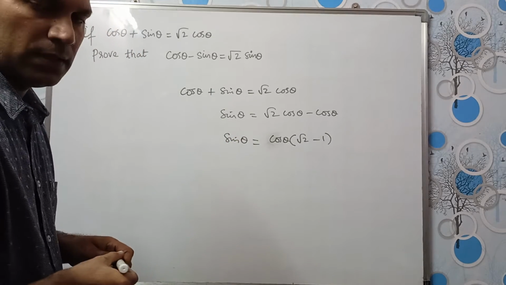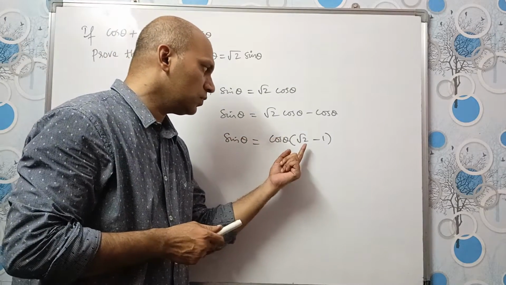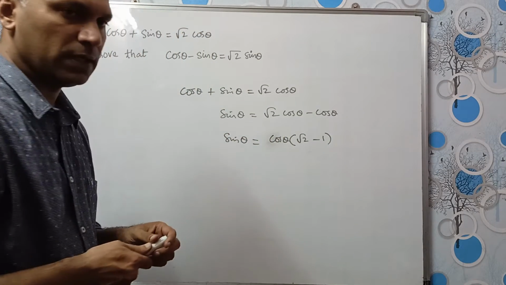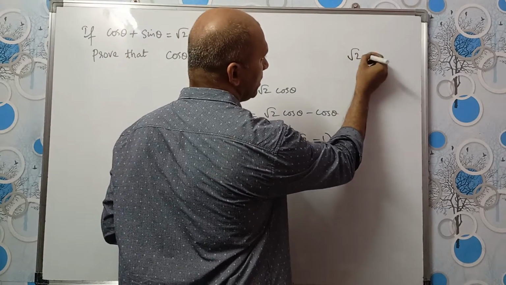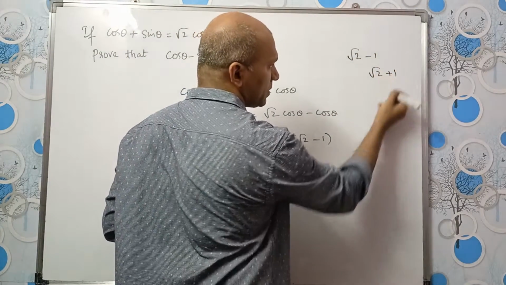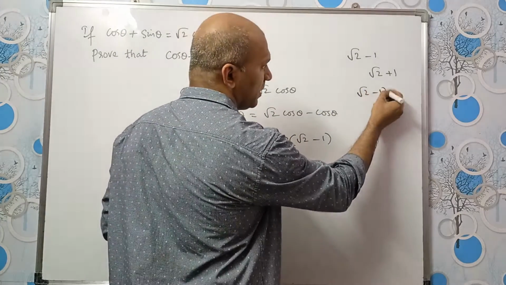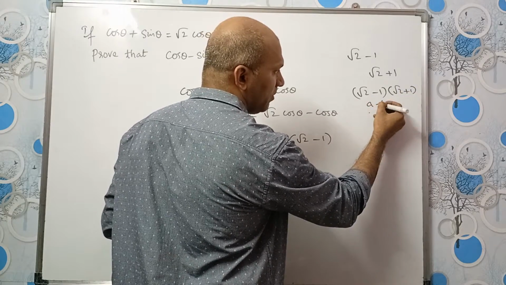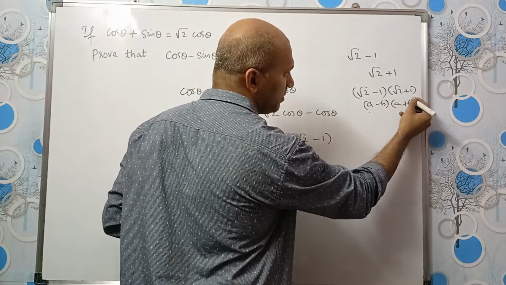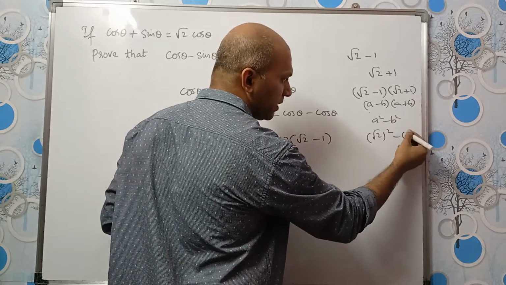Okay. Now multiply both sides by root 2 plus 1. See, the rationalizing factor of root 2 minus 1 will be root 2 plus 1. We have studied this in the lower classes, because if you multiply these two, it will be (a minus b)(a plus b), right? a square minus b square, which will be root 2 square minus 1 square.